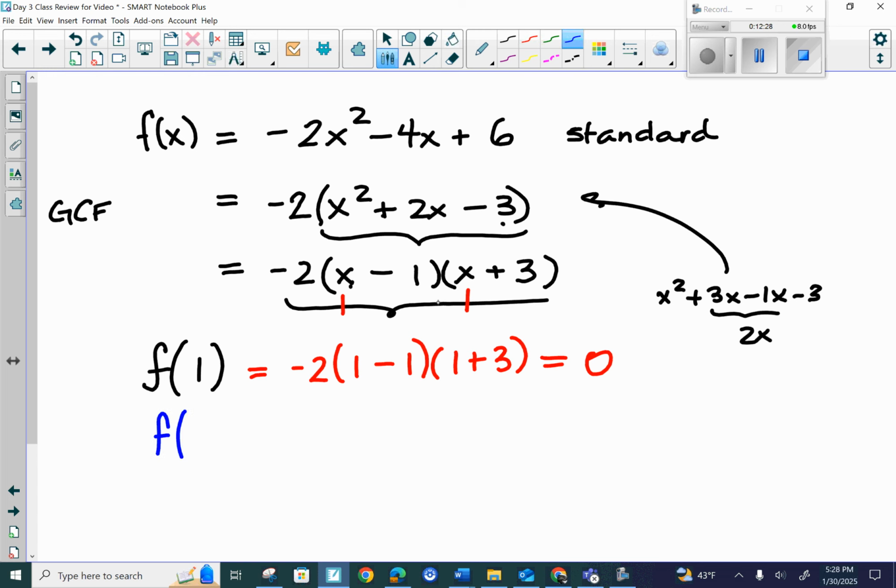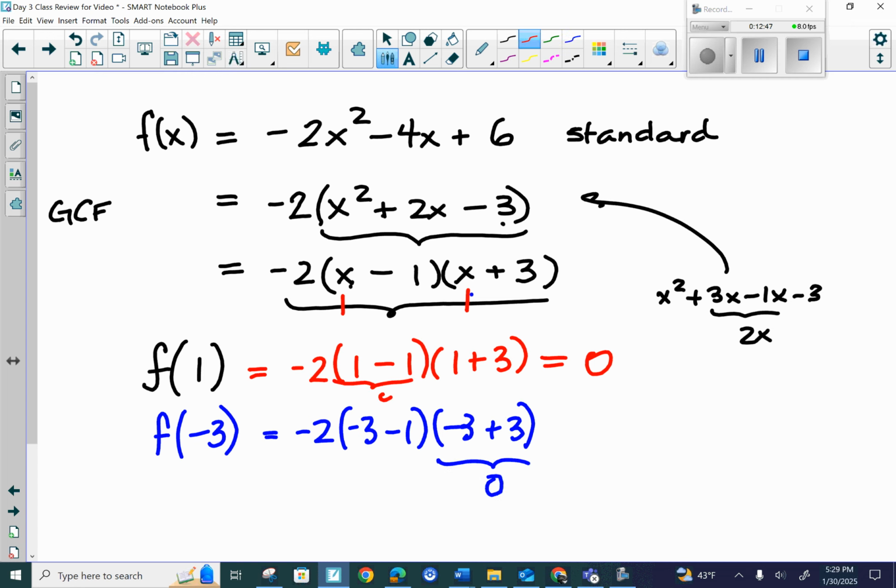F of, what's the other point that's easy? -3. So if I put -3 in there, I'm going to get -2 times -3 minus 1 times -3 plus 3. And I can see that's going to be 0. Up there, that one was 0.